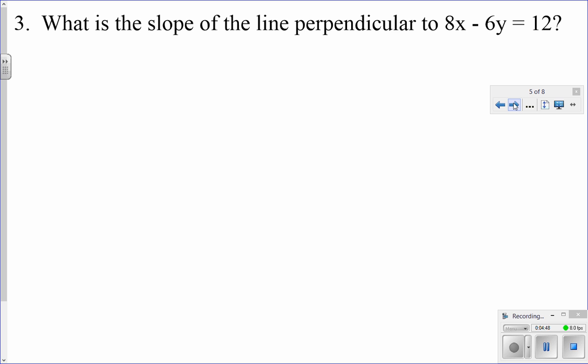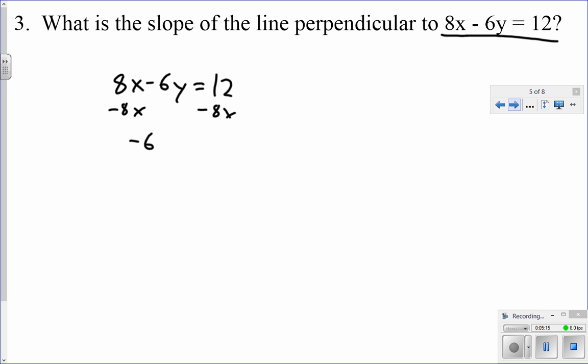Next, example 3. What is the slope of a line that's perpendicular to 8x minus 6y equals 12? So again, I know my slopes need to be opposite reciprocals, so I first got to identify my slope from this equation. To do so, I'm going to isolate my y. So I have 8x minus 6y equals 12. Subtract 8x from both sides.